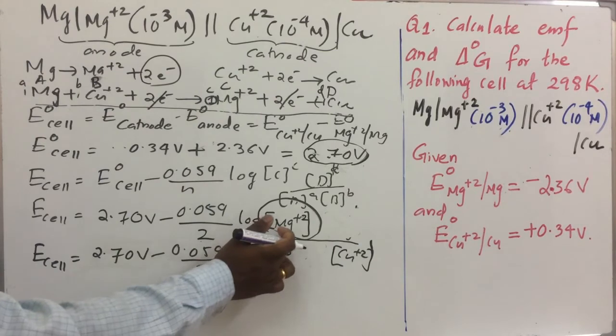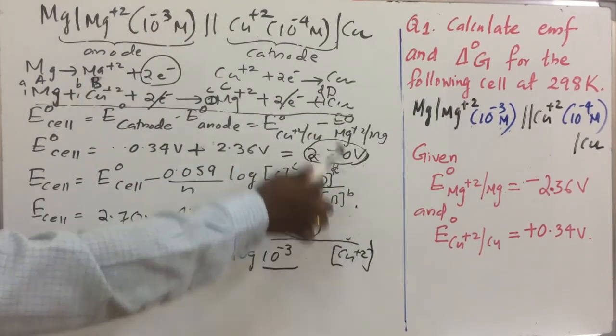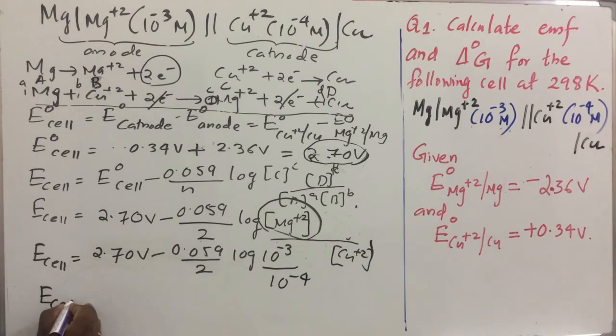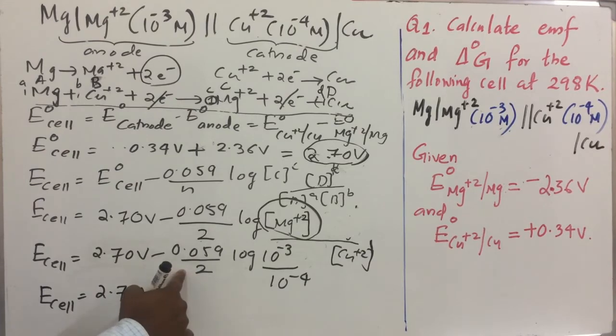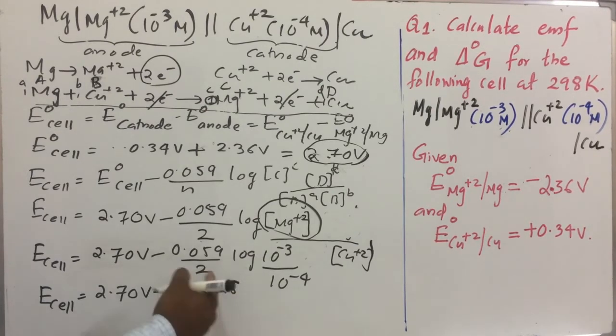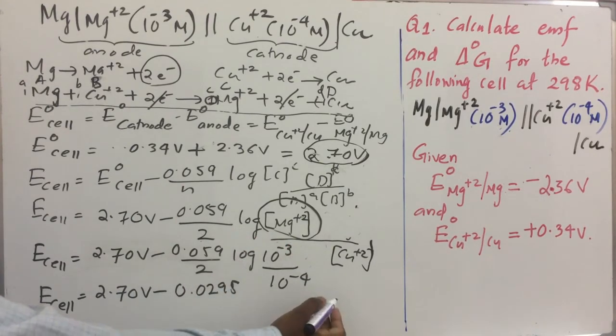Mg+2 is 10 raised to minus 3, divided by Cu+2, 10 raised to minus 4. Then E cell is equal to 2.70 volt minus 0.059 by 2, which is 0.0295, half of this value, times log of 10 raised to minus 3 over 10 raised to minus 4.